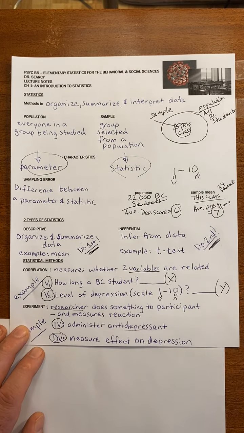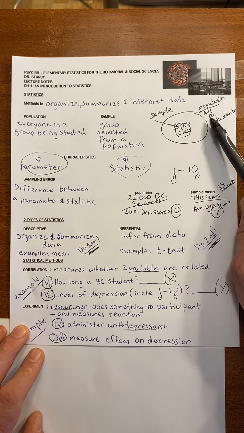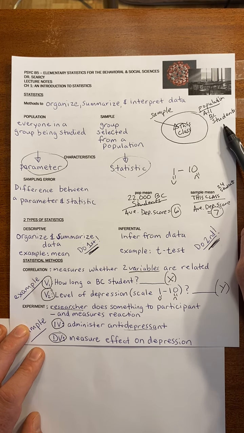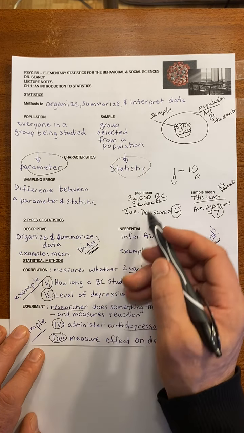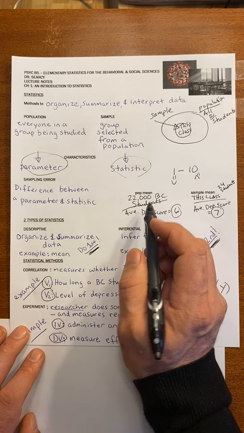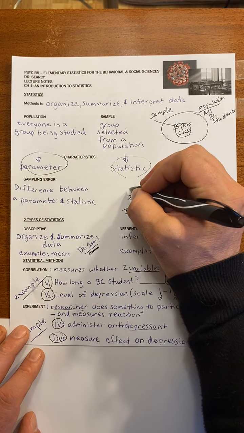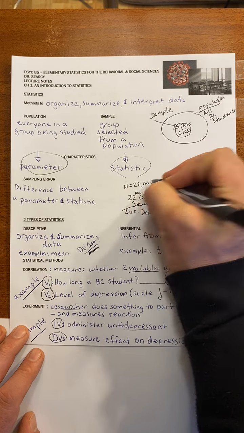Let's remember that before we had been talking about population, and it is all BC students. Remember that I said that I looked at Wikipedia and I found that there were 22,000 BC students at this time. So in this case, N equals 22,000.